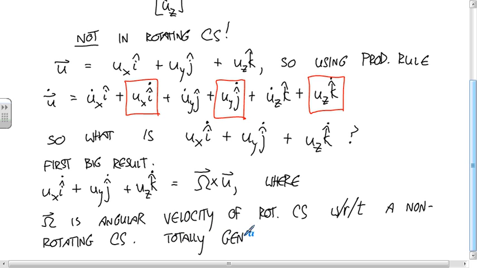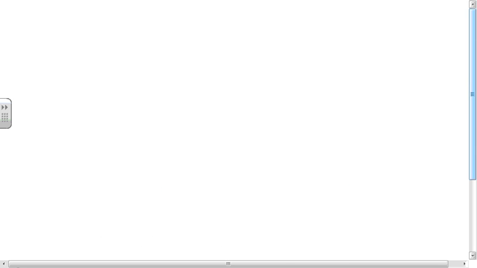This doesn't have anything to do necessarily with kinematics yet. So how does that relate to kinematics? Well, remember that the problem in doing kinematics in a rotating coordinate system comes about when you take the derivative of the position vector and, well, okay, I'm getting ahead of myself.